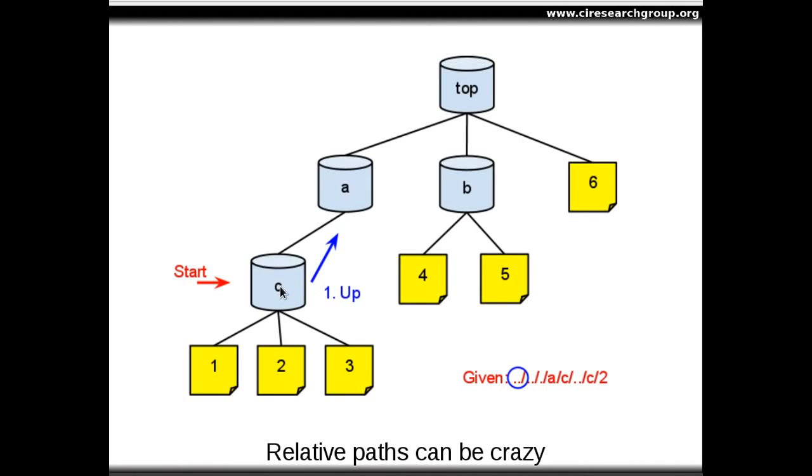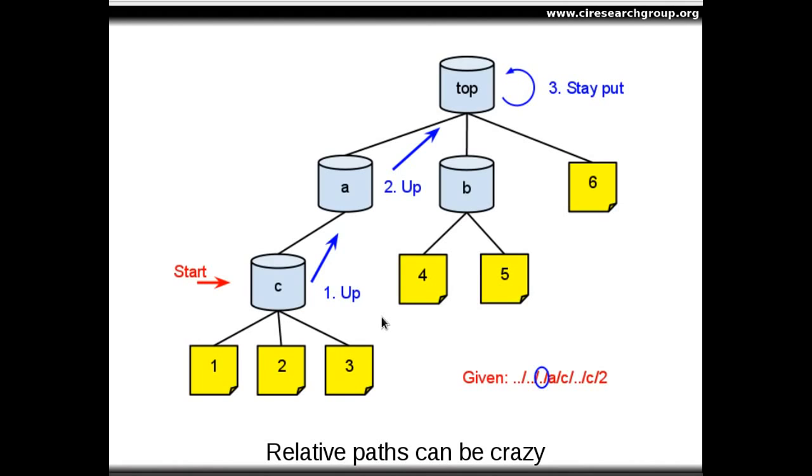So we are going from C to A. Our next two path components, I should say, tell us to go up one. That's this .. right here, and then stay put at the top level directory once we get there. That's what the single dot means.